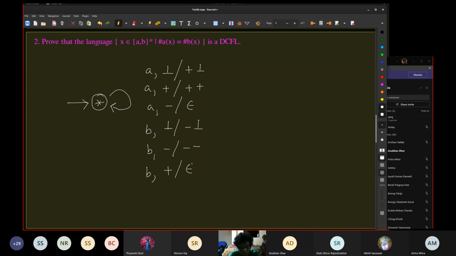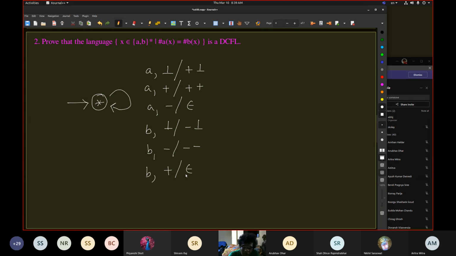Epsilon, bottom marker, epsilon. That is what our earlier design did. But that was a non-deterministic machine, so it can guess the end of the input. This is a deterministic push-down automaton, so it does not have the capability of guessing. So how do I modify that?